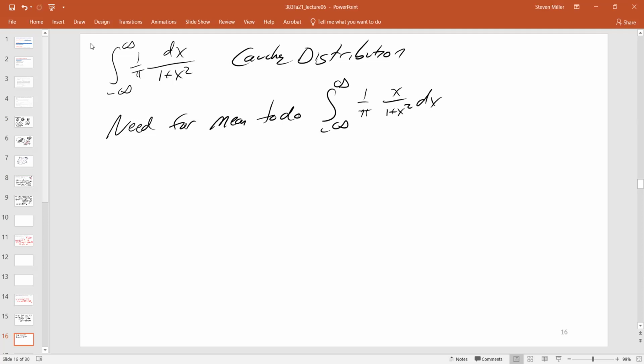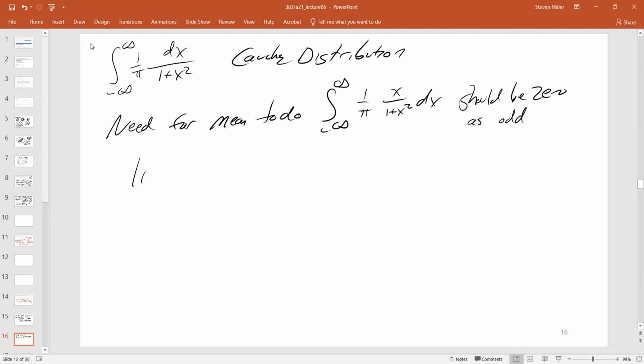And the problem is the integrand x over 1 plus x squared is not going to 0 fast enough. If you look at this, what do you want to say this integral is? Yeah, why? Should be 0 as it's odd, right?